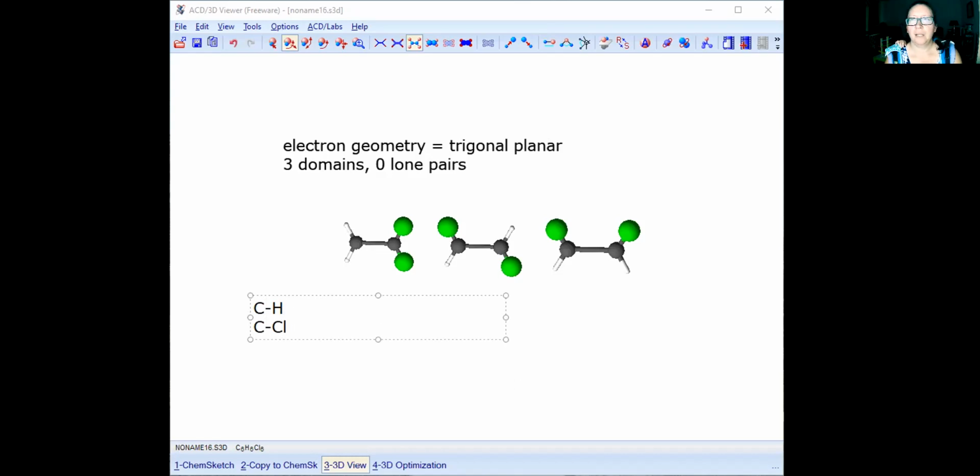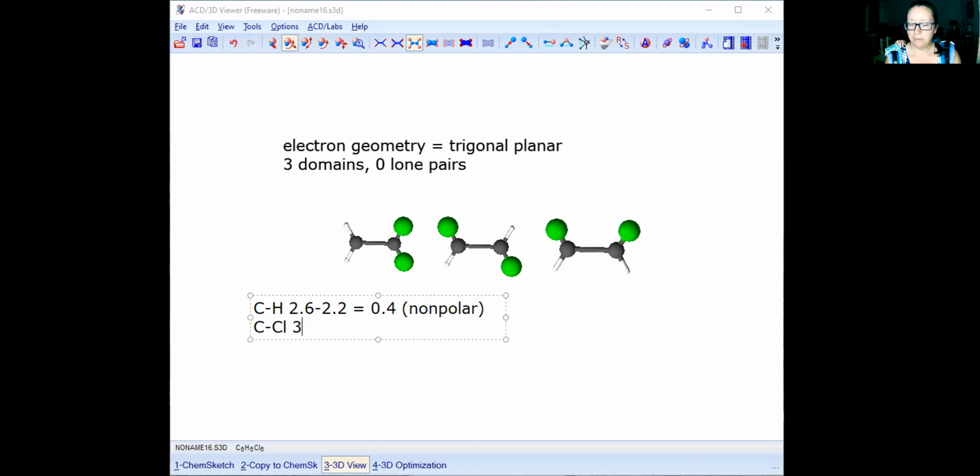So let's look at the electronegativity difference between carbon and hydrogen. The carbon has an electronegativity of 2.6. The hydrogen has an electronegativity of 2.2. So that would give us an electronegativity difference of 0.4. And therefore, we would not consider the CH bond a polar bond.